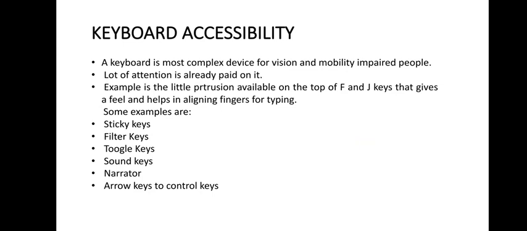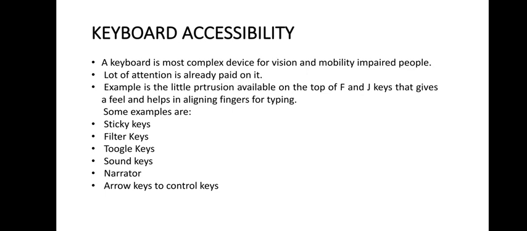Students, as we know, the keyboard is the most complicated device for vision and mobility impaired users. Hence it has received plenty of attention till today. That means a lot of work has been done on it. Some of the accessibility improvements are already available. I think you are aware of one option that I have written here in the third point.